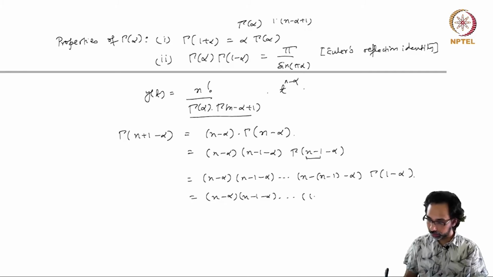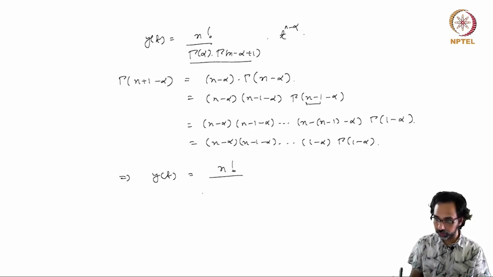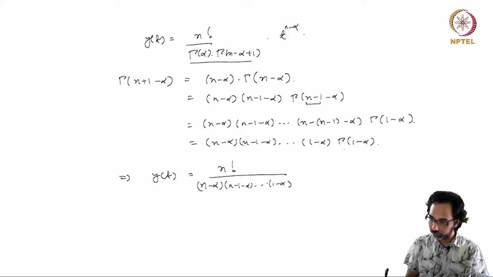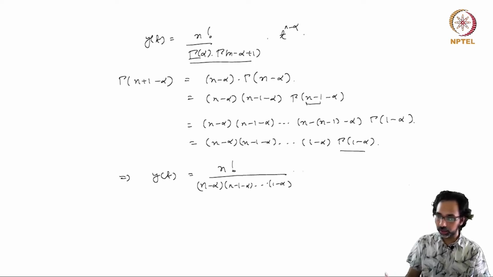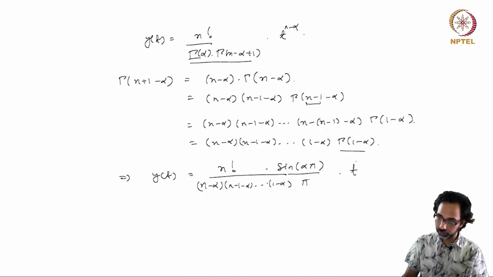So y(t) is n factorial over the falling factorial n minus alpha, n minus 1 minus alpha, up to 1 minus alpha, and then you have gamma alpha times gamma 1 minus alpha, which gives you pi over sine pi alpha, and then you have t to the power n minus alpha.